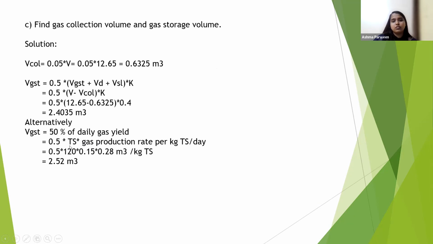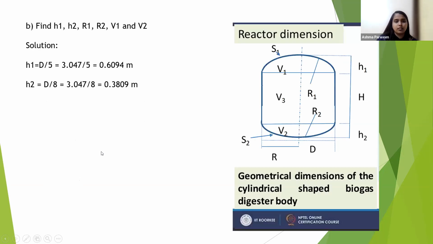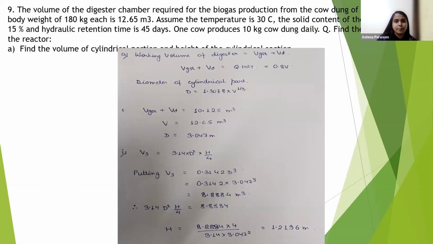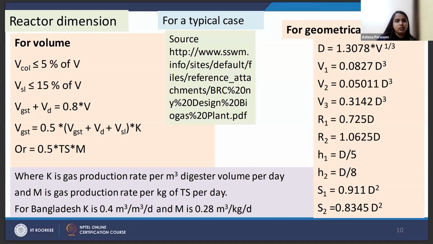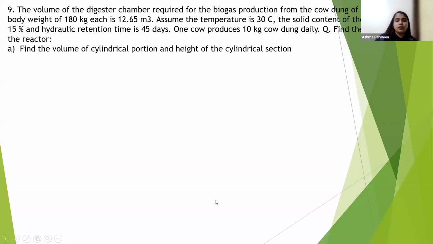The total solids is 120 into gas production rate per kg total solids per day, that will be 0.15. These are the values we are using. 0.5 into total solids into M, where M is the gas production rate per kg of total solids per day, and this is taken as 0.28 and K is taken as 0.4. So we are using these values.